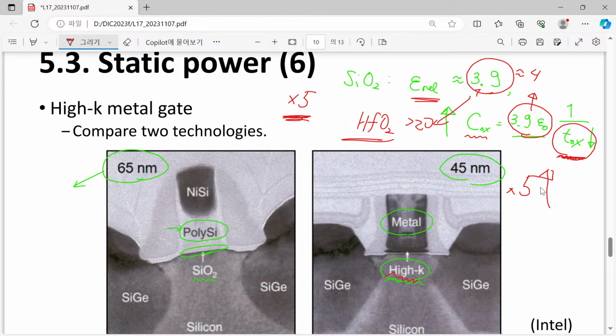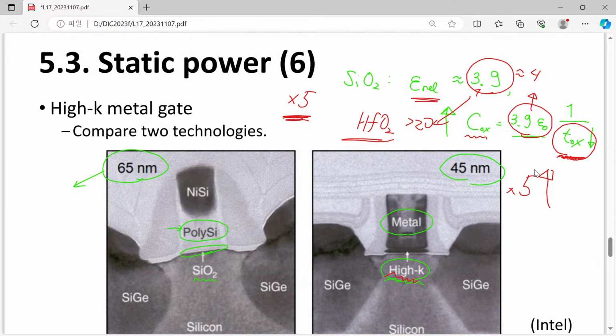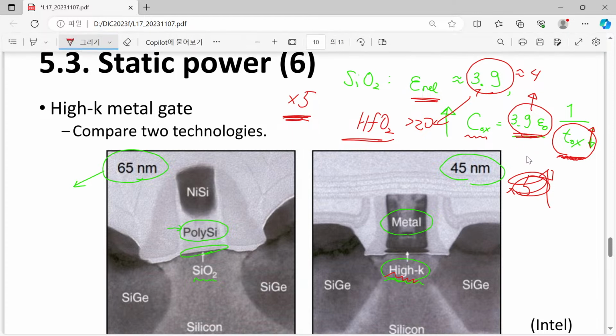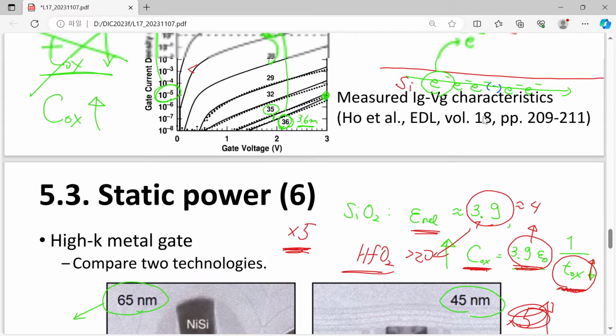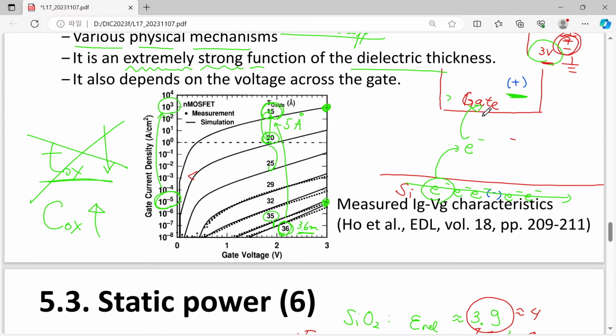But in reality, we do not scale that way. Instead of that, we increase oxide thickness significantly and use high K material. Then we can keep the Cox value in a reasonable way, but drastically reduce the gate leakage current.